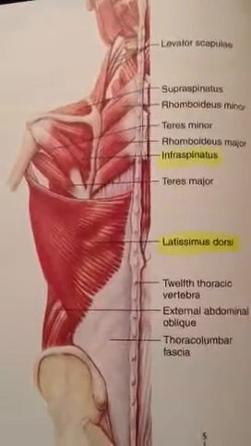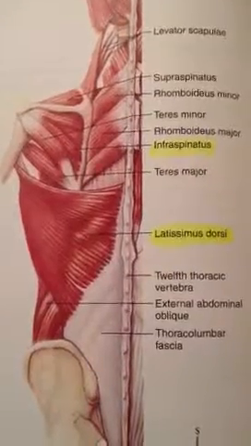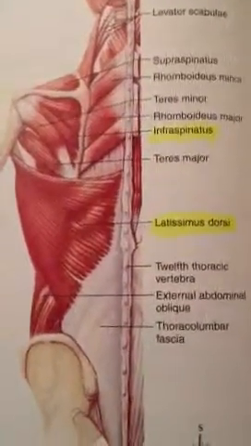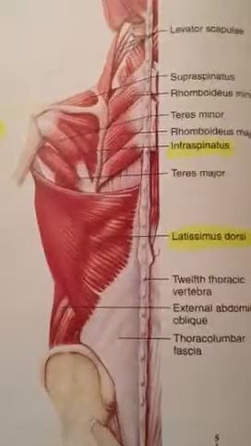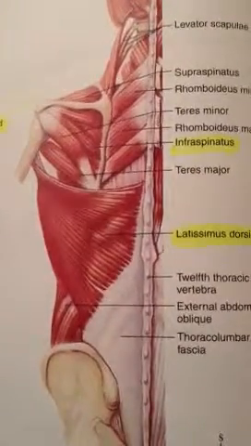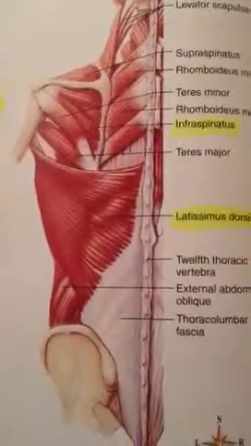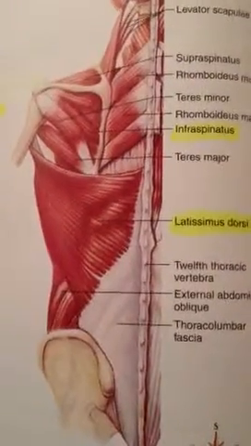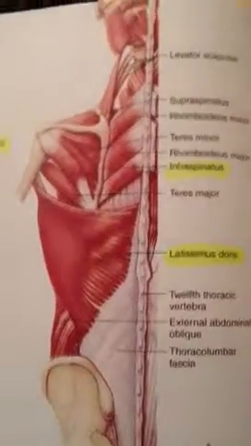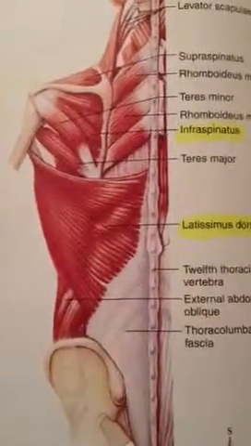But latissimus dorsi has origin at vertebrae, ilium, and lumbodorsal fascia, okay, whatever. And insertion is humerus. It extends the upper arm.